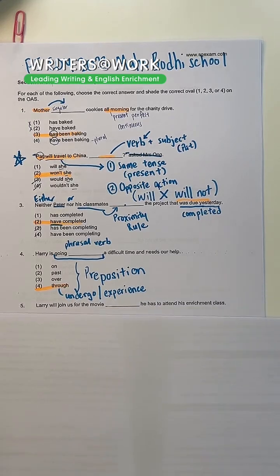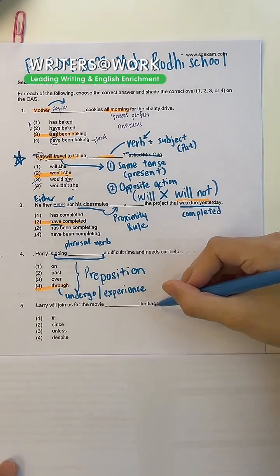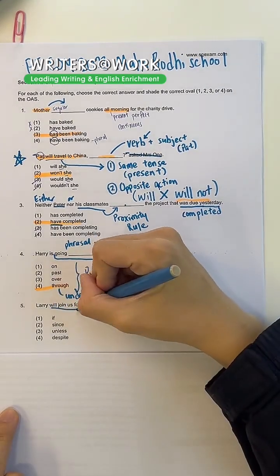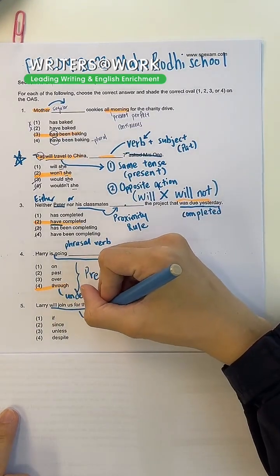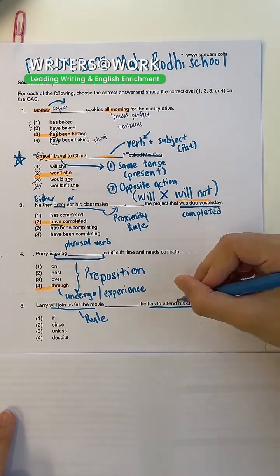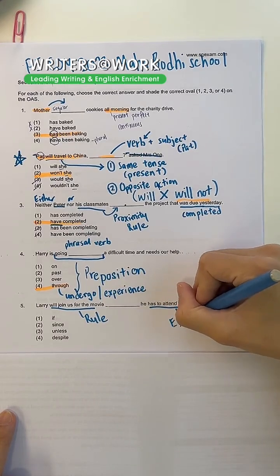On to question 5. Larry will join us for the movie. Blank, he has to attend his enrichment class. So let's take a look how we should identify this question over here. Has to attend his enrichment class, will join us for the movie. So joining us for the movie over here is the rule. Larry will join us for the movie, except in the condition or on the circumstance that he has to attend his enrichment class.